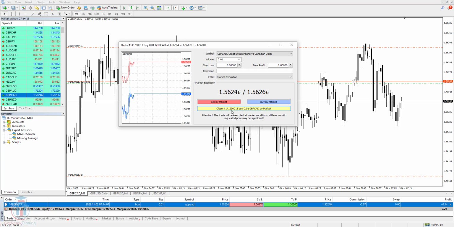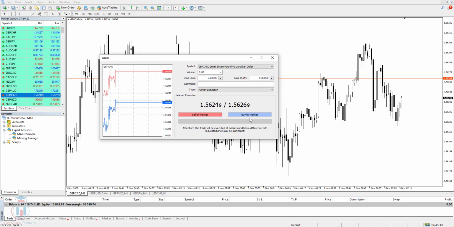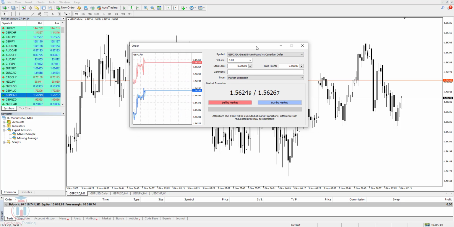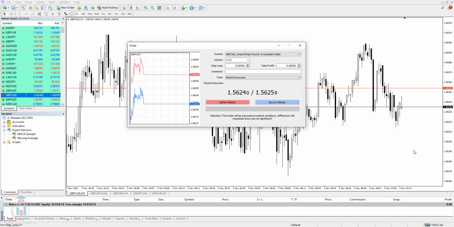But, for example, let's start again. I will open a buy order again, but I will make a mistake. For example, I will put stop loss above and the take profit below, which means this is invalid, because the stop loss cannot be above where I'm expecting to take the profit. It should be below the price to stop the loss.